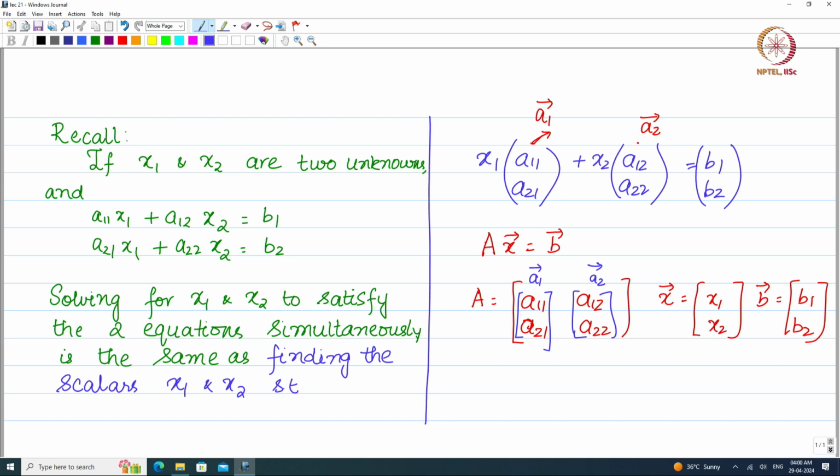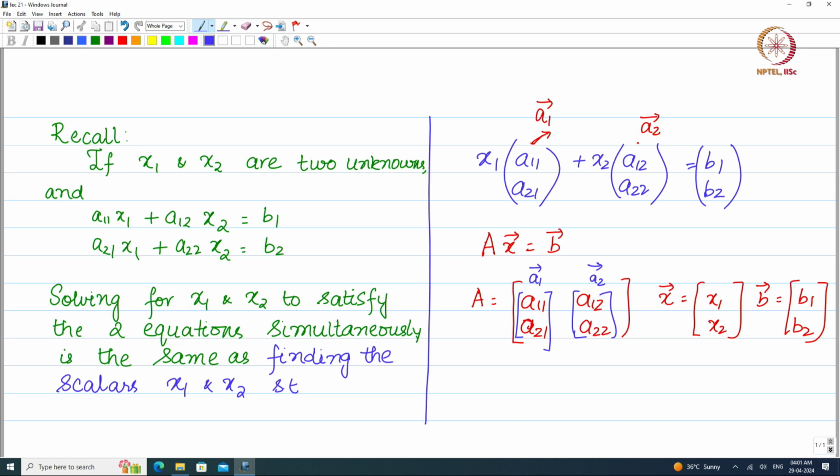We said that if the A1 vector and A2 vector are linearly independent, then for every b vector on the right hand side, we can find a unique pair x1 x2 such that b can be expressed as a linear combination of the two vectors A1 and A2.